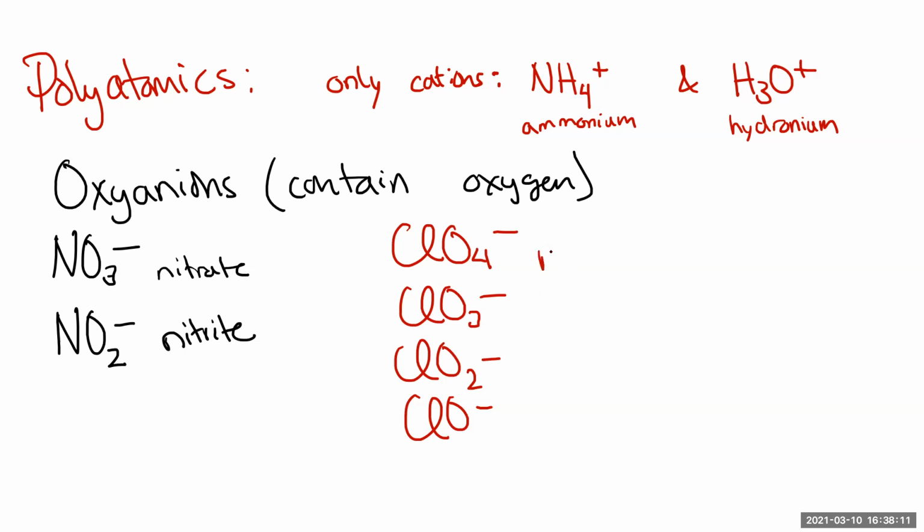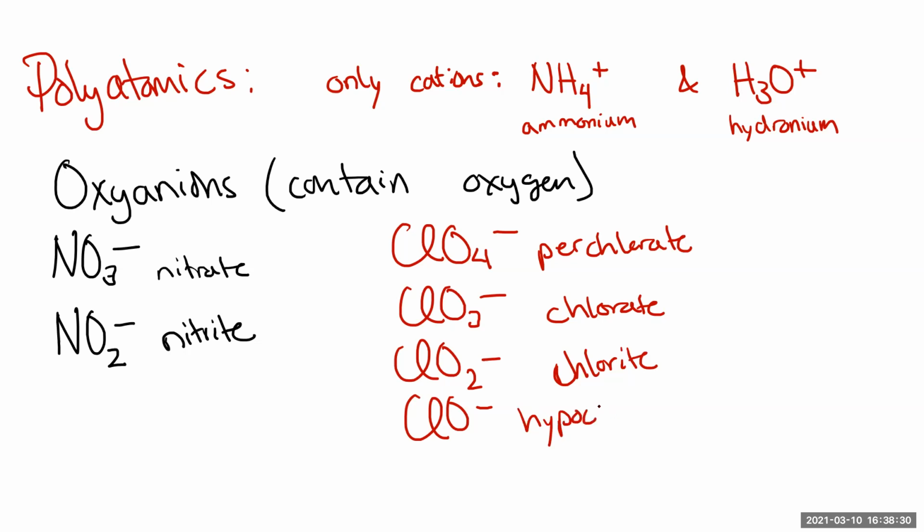These are perchlorate, meaning above, from hyper, perchlorate. Then ClO3 is chlorate. ClO2 is chlorite. And this is hypochlorite.